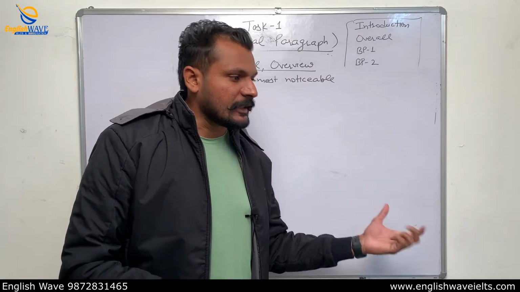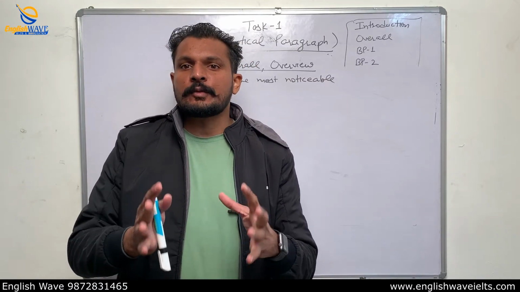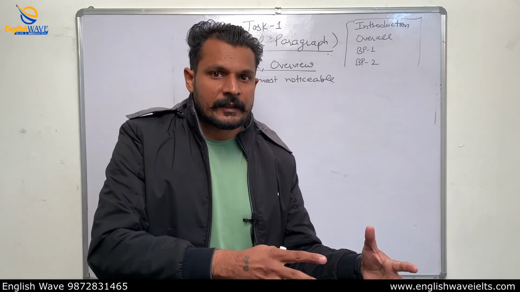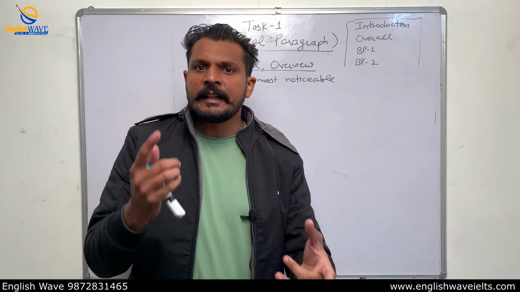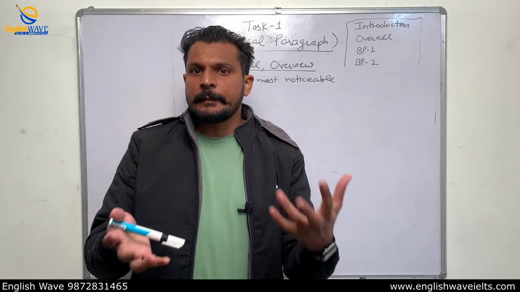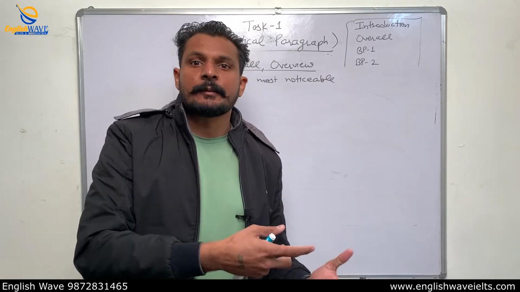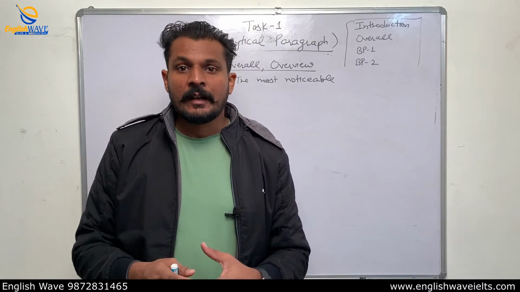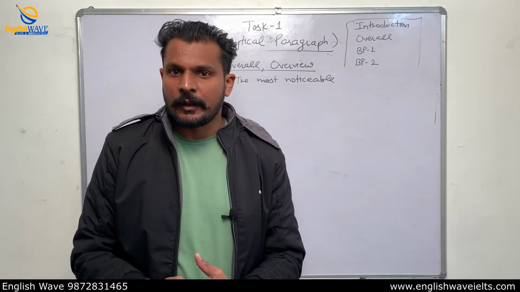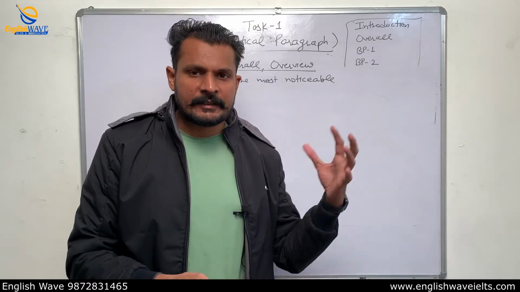And third thing, we have to see if two or more values are surpassing each other. Surpassing means where one value is declining and the other one is inclining. So this is how we have to write the overall, but without an example nothing can be understood.